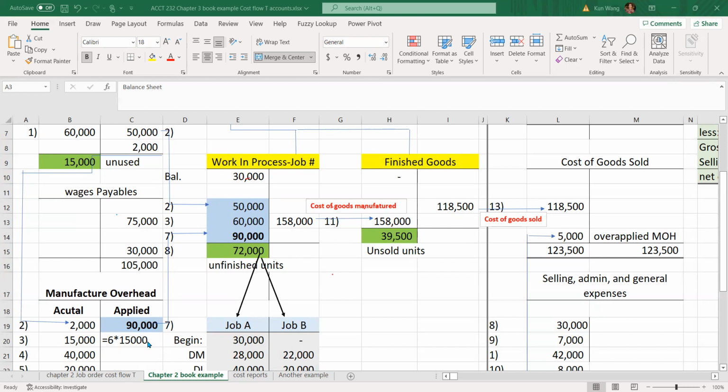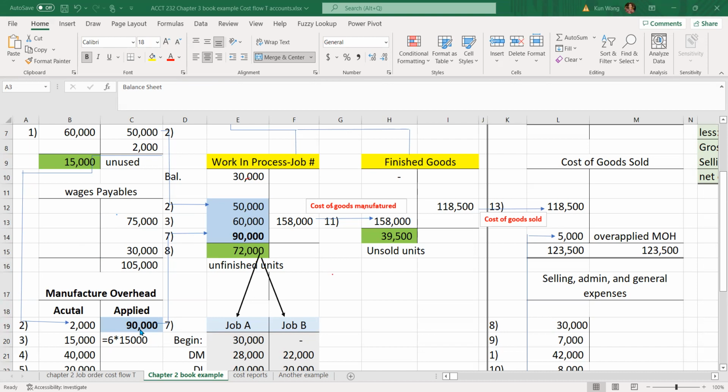This is the actual allocation base, and we have a $6 predetermined overhead rate. If you check the book, they explain how they come up with the $6 and the 15,000 direct labor hours. So for the applied overhead of $90,000, we debit work in process and credit the manufacture overhead.